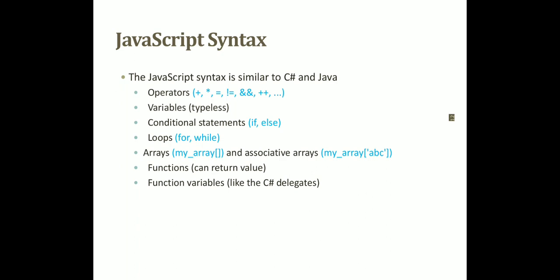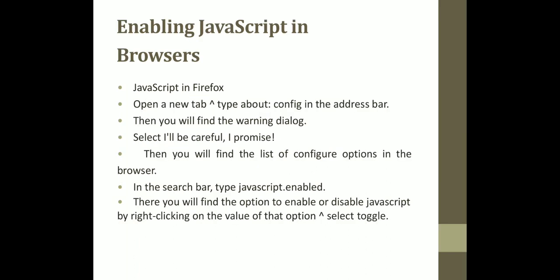Plus functions that can return values, and function variables like C sharp delegates. So all these things are similar in all three languages, C sharp, Java, and JavaScript. So you need not worry about them. The only thing to keep in mind is that you strictly have to insert the script tag for embedding JavaScript in HTML.